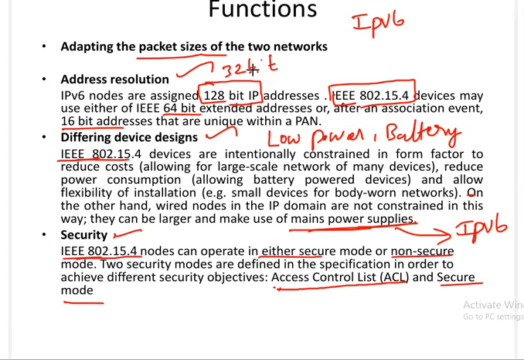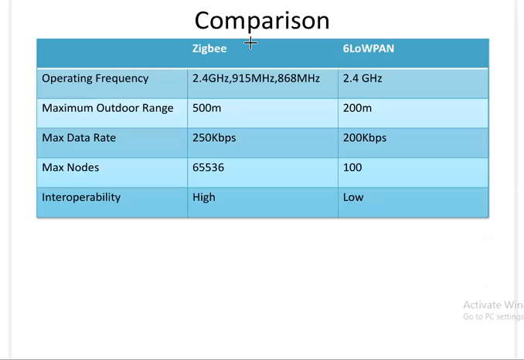So now finally we will see the comparison or difference between Zigbee and 6LoWPAN. Operating frequency: Zigbee operates on 2.4 gigahertz, 915 megahertz or 868 megahertz, whereas 6LoWPAN operates only on 2.4 gigahertz. Maximum outdoor range: Zigbee has 500 meters, whereas 6LoWPAN has a lower range, only 200 meters.